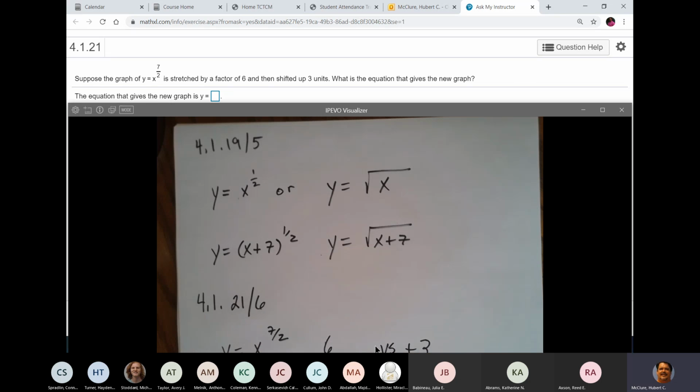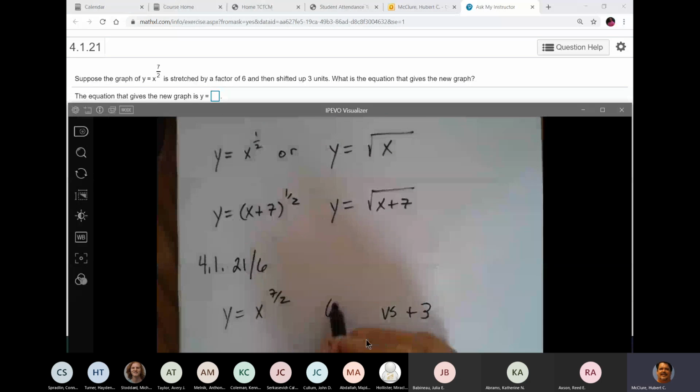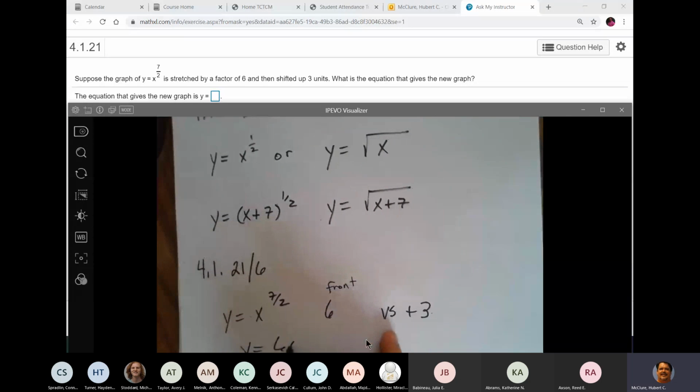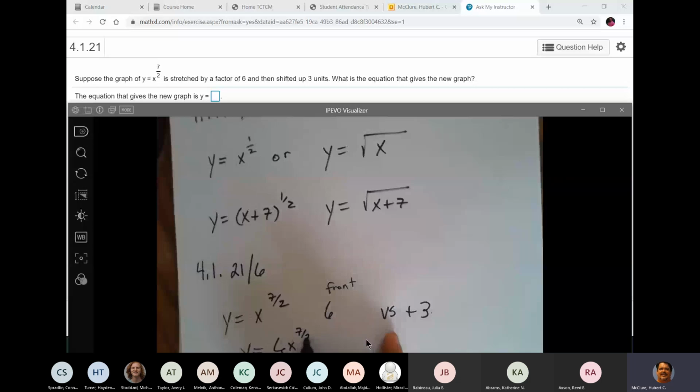Okay, well, let's go back to our handy dandy. We know this is going to go out front because of orientation. We know that this is x to the 7/2, so you can put that 6 in front of that, and then you can just add the 3 behind it. So it would be y is equal to 6x to the 7/2 plus 3.